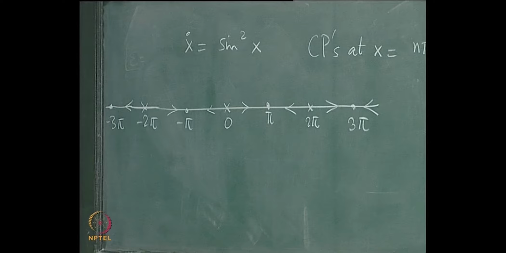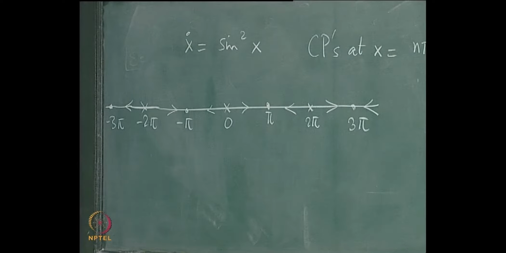Now that we have a little bit of an idea of what one dimensional systems would do, let us go over to two dimensional systems, and instead of calling the variables by x1 and x2, let me call them x and y for short.